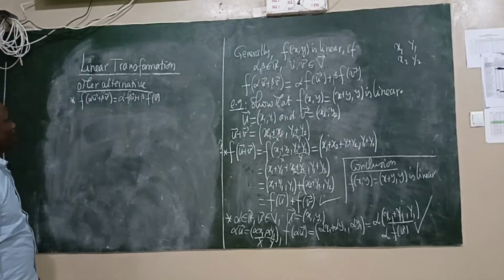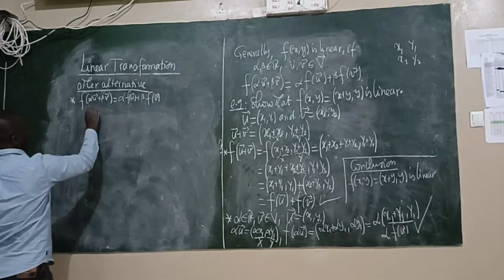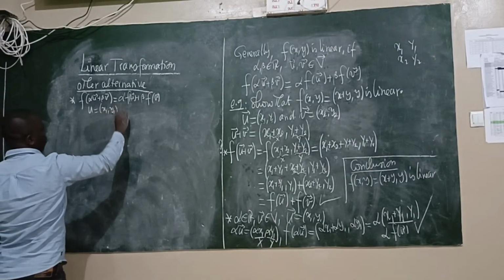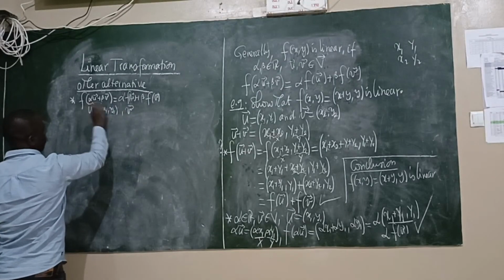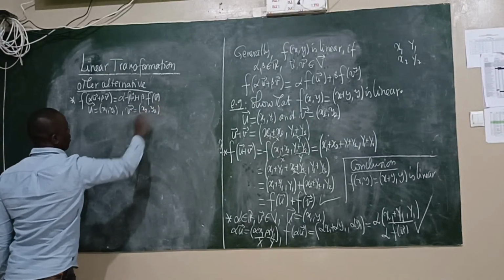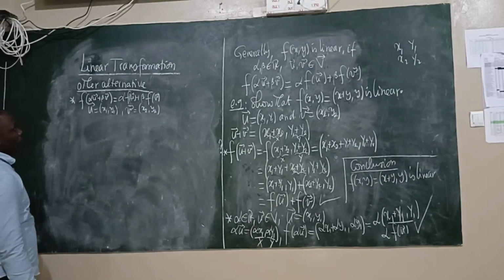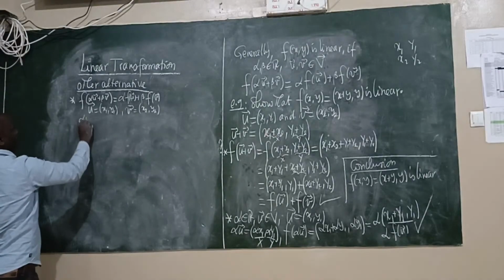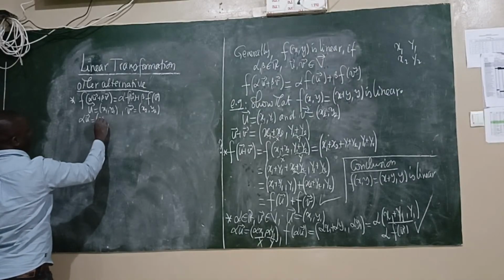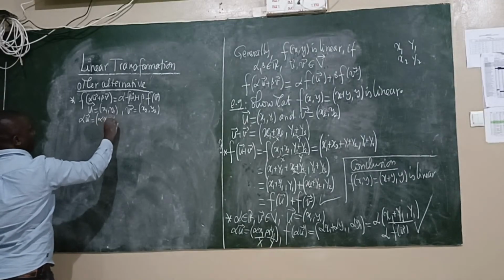Okay, remember our u is x1, y1, while vector v is x2, y2. What we need is to find alpha u. Here alpha u is going to be alpha x1, alpha y1.